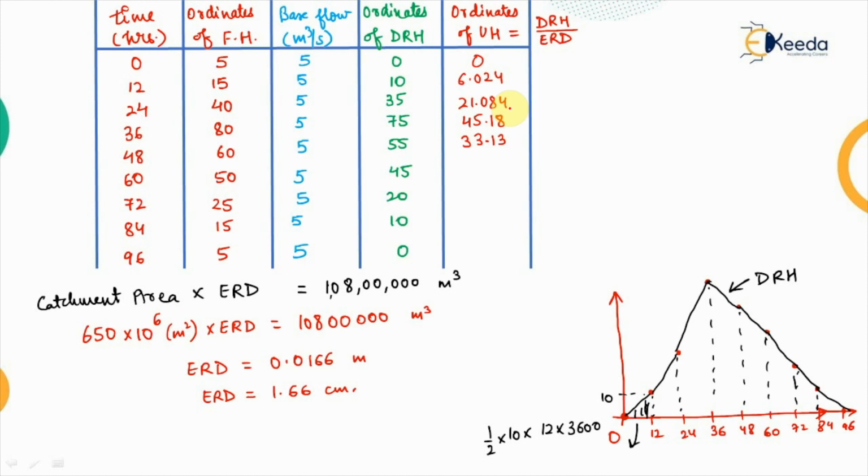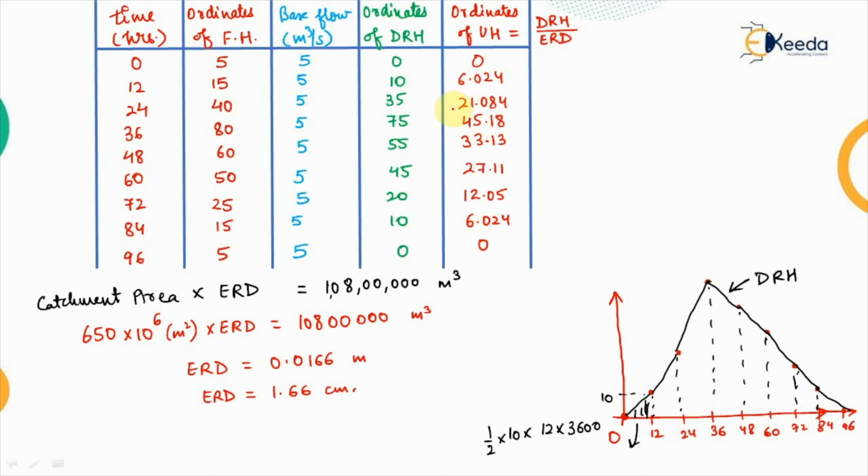Then 45 divided by 1.66, that is 27.11. Then 20 by 1.66, that is 12.05. Then 10 by 1.66, again 6.024, and then 0.